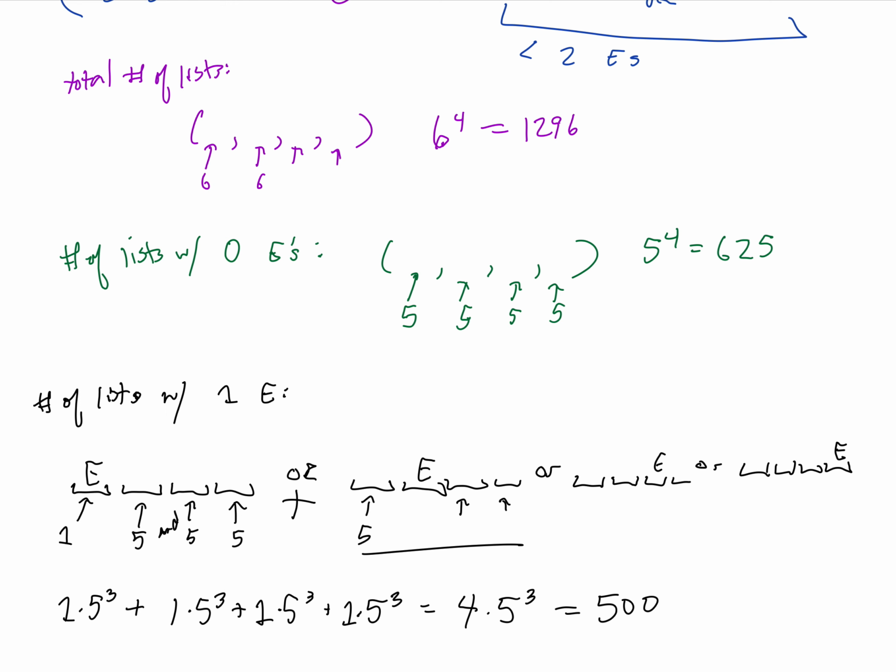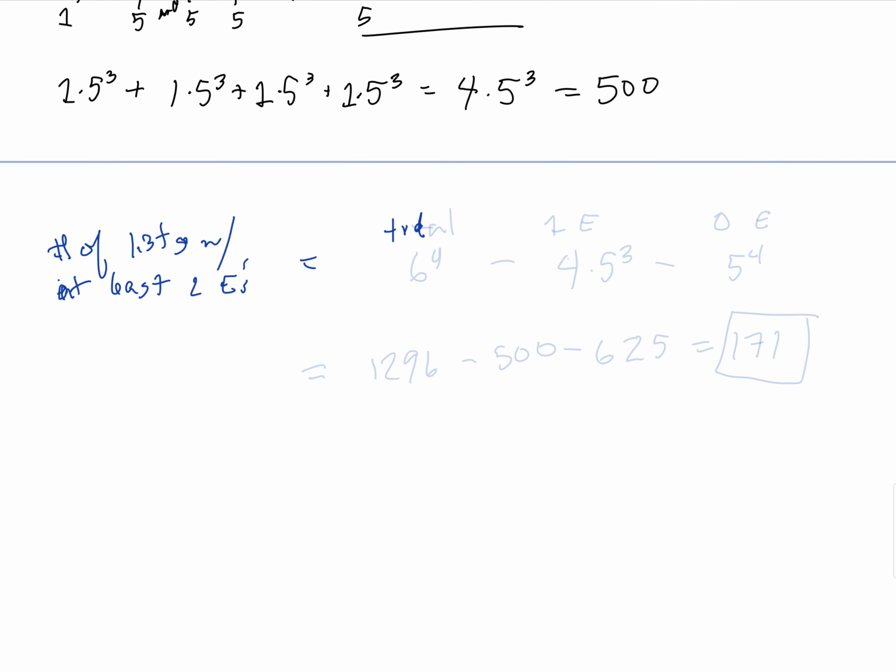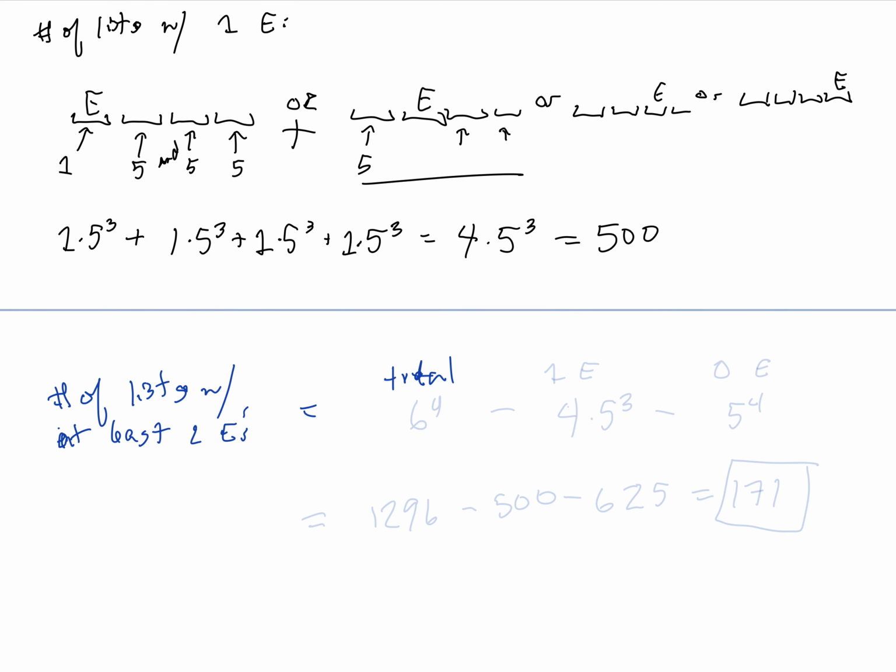And so in the end, our number of lists with at least 2 E's is equal to the total number of lists possible, which was 6 to the 4th, minus those with exactly 1 E, and that was 4 times 5 to the 3rd, minus those with 0 E's, with no E's, and that was 5 to the 4th.